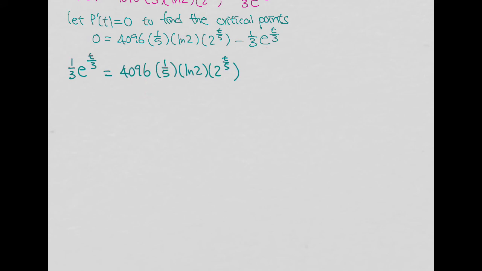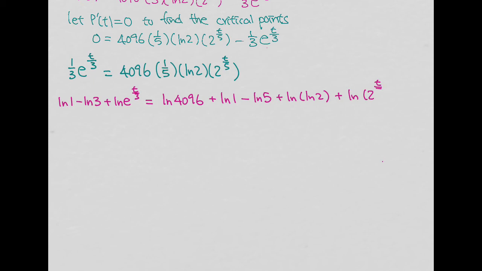And when we take ln on both sides, we get ln 1 divided by 3, which means minus ln 3, times by, which means add, ln e, t over 3 equals ln 4096 plus ln 1 minus ln 5, because that's division, plus ln 2 plus ln 2, t over 5.